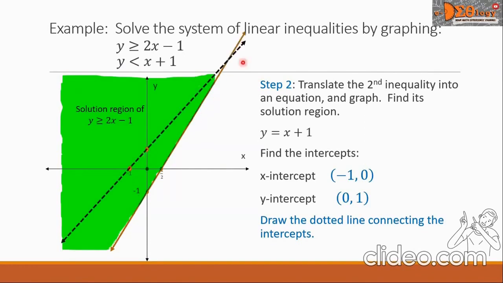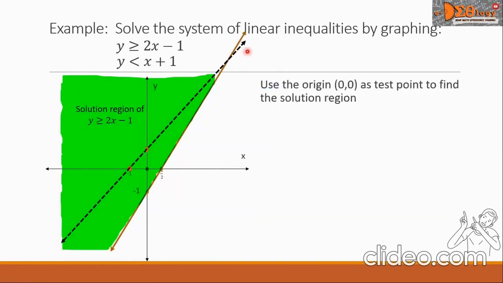And here we go. This is now the line. Next, let us use the origin (0, 0) as test point to find the solution region. Take note, this is our line, and the origin is below the line.